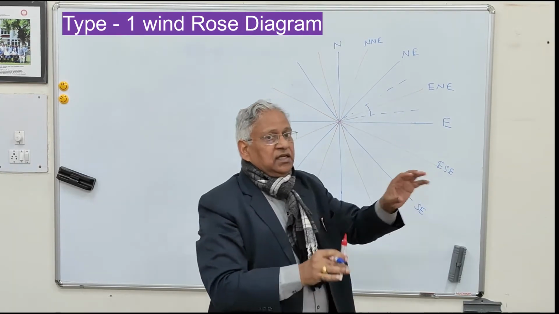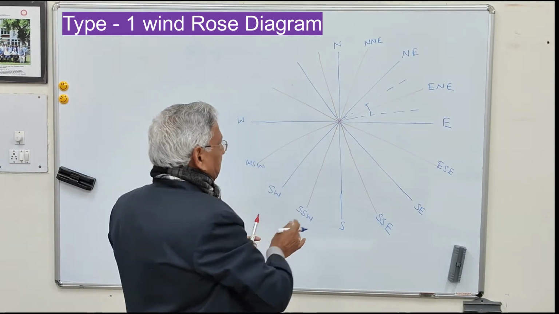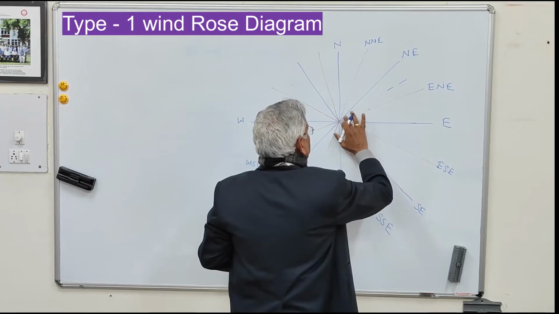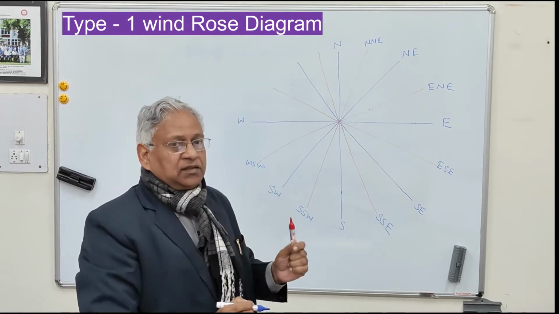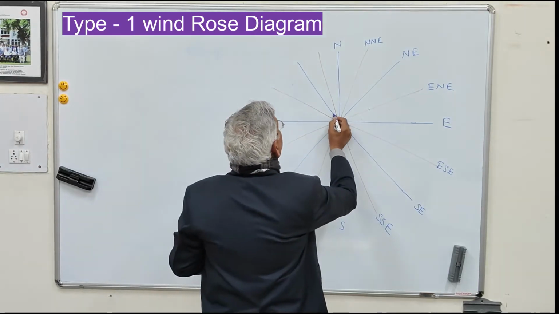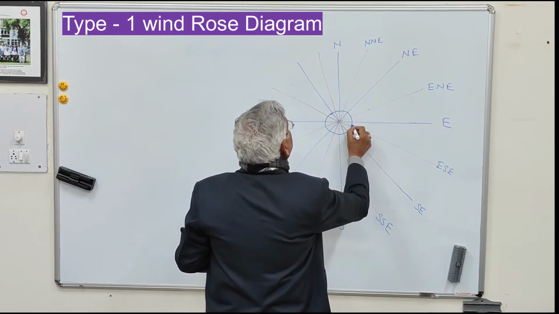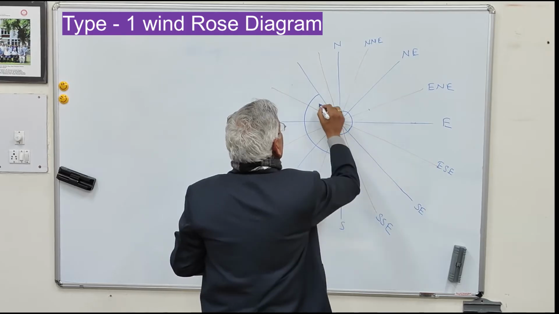So wind blowing in a cone of 22.5 degree is considered as blowing from a particular direction. Now in this type 1 Windrose diagram, we draw circles here, and these circles represent the duration of the wind.